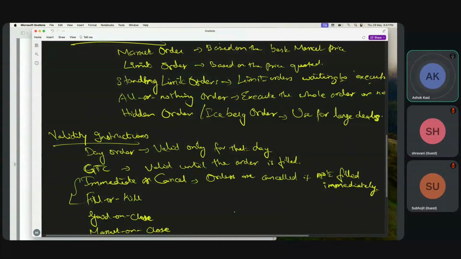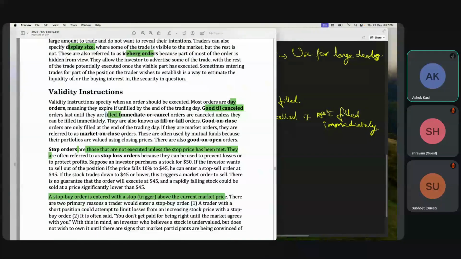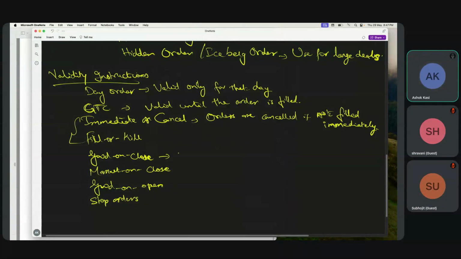Then good on close. Orders are only filled at the end of the trading day.